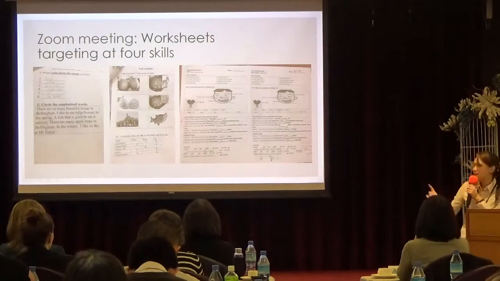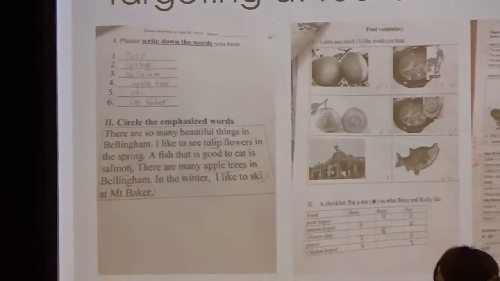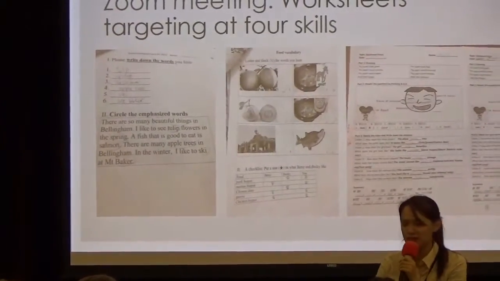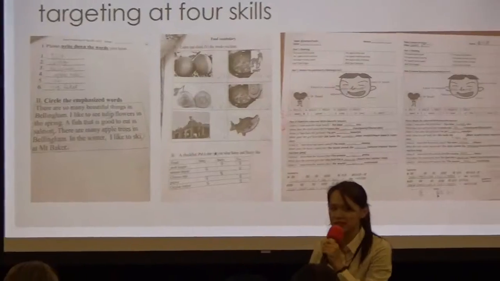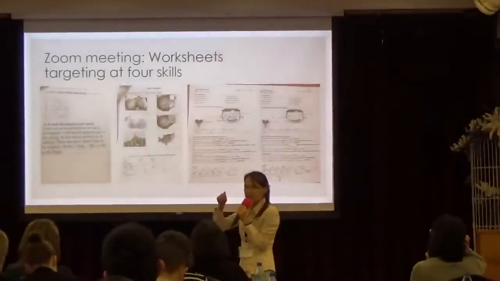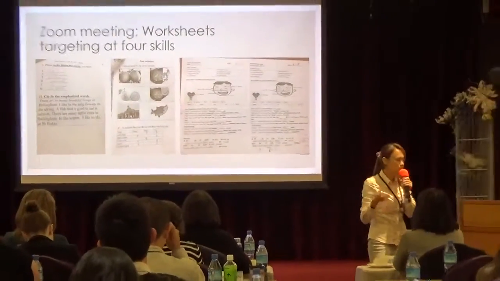In this first part, we have students write down some words, but I think this part is a little bit hard for them, because they have just learned the word and have to write it down immediately. In the second part, we ask them to circle the words they hear, emphasizing the words we want to reinforce.